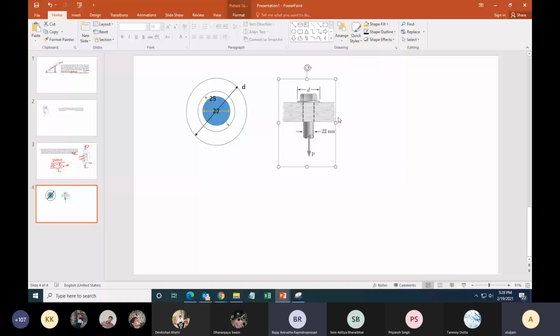So pi d t, where d means the outermost diameter, the diameter of the washer. The curved surface area under the outermost diameter. Sorry, it is pi d into t. Okay, understood? Everybody understands 11?